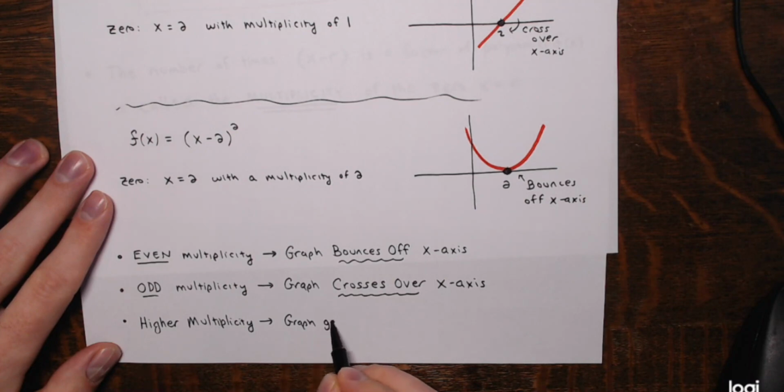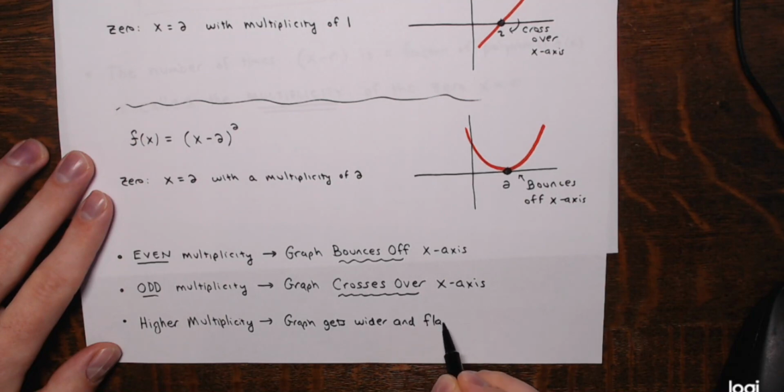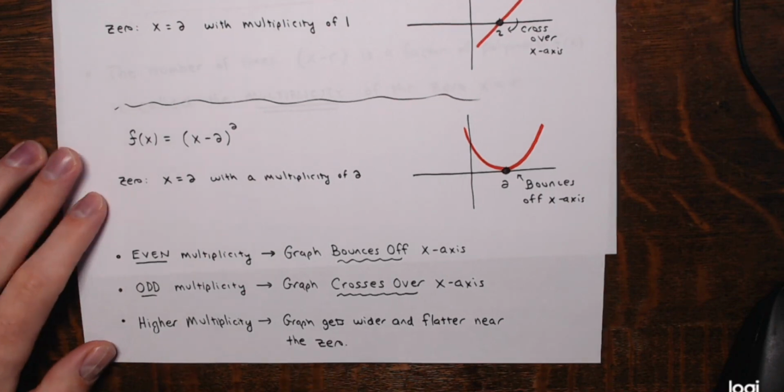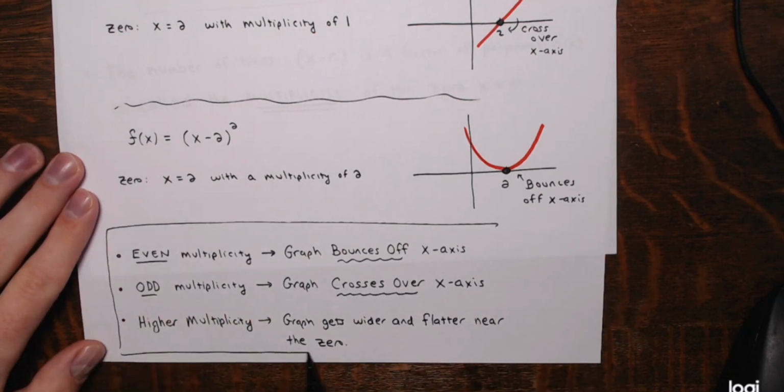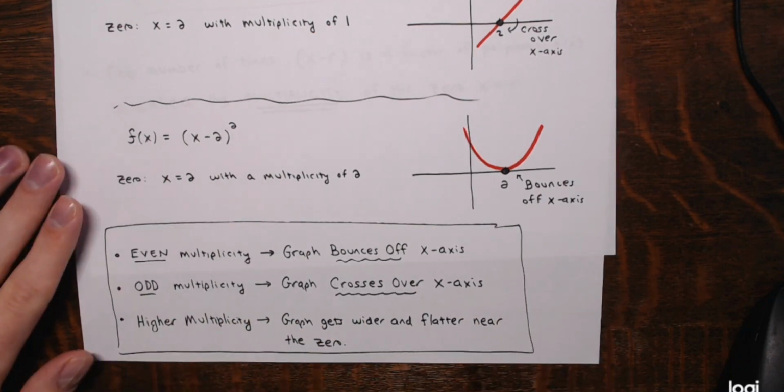These aren't technical terms, but you saw what was happening, and I'll show you some more. Wider and flatter near the x-intercept, near the 0. So this is huge. This is the big thing to remember here for this objective.